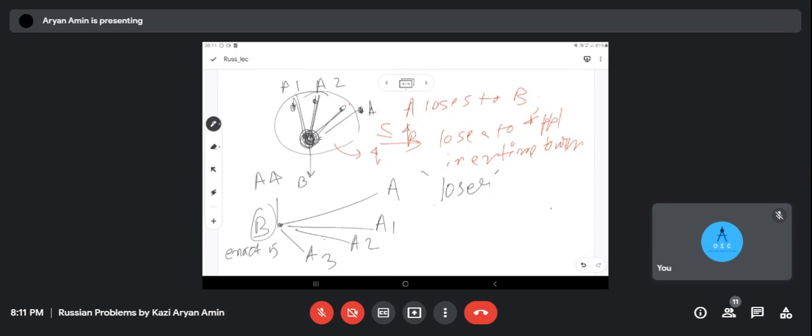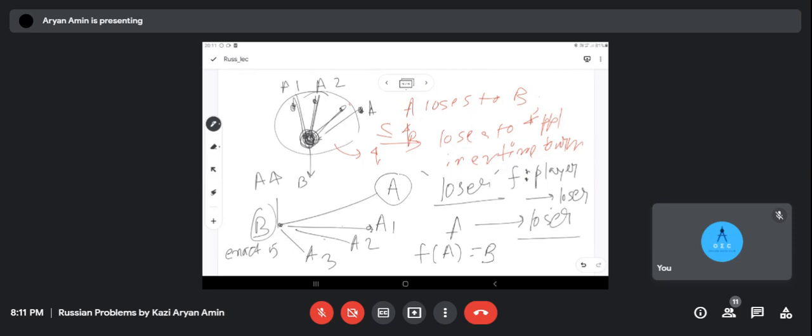This is just a name. Note that A sort of induces a loser. You can think of defining a function from every player to the loser it induces, something like f of A is B.